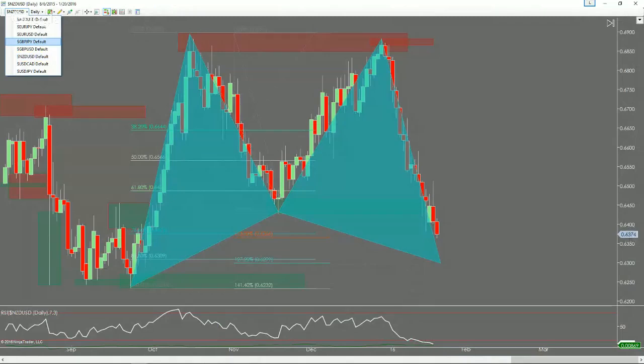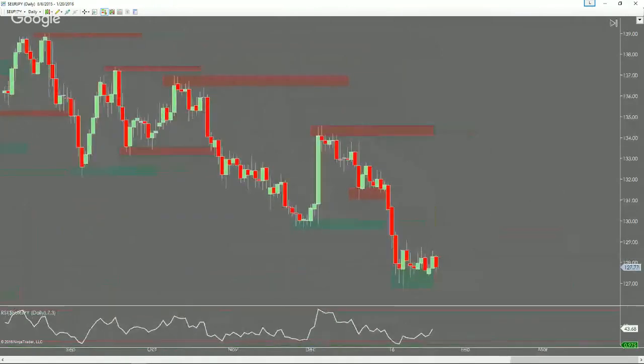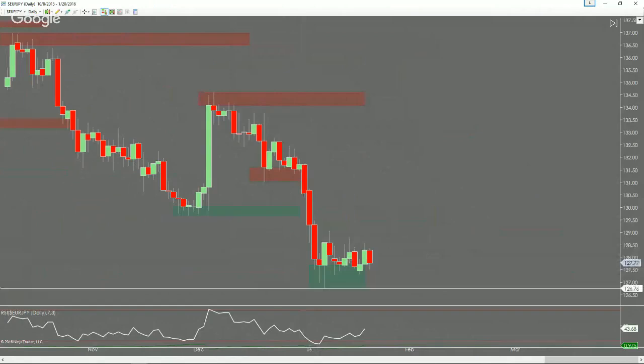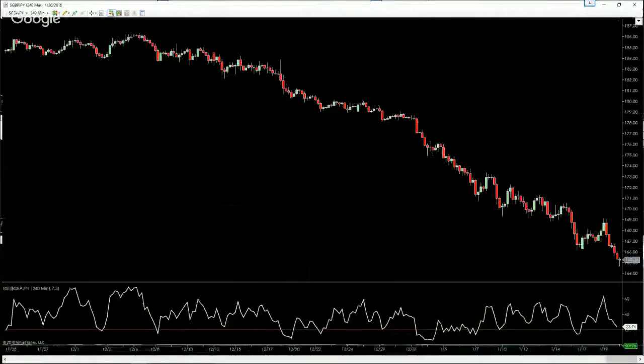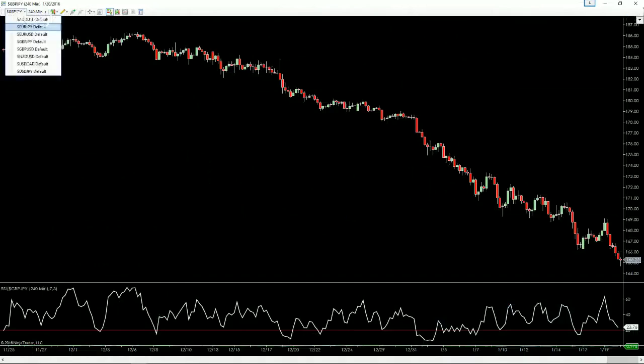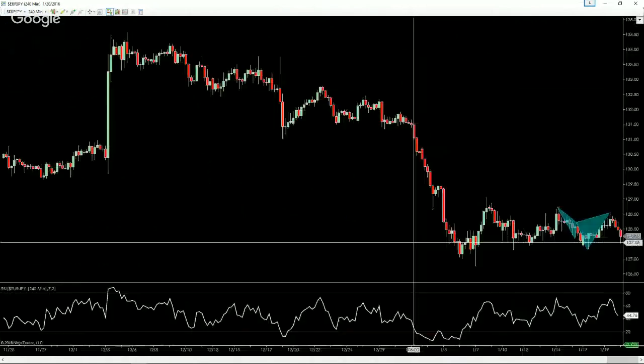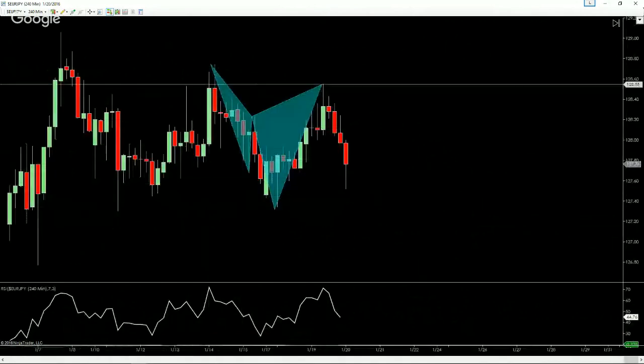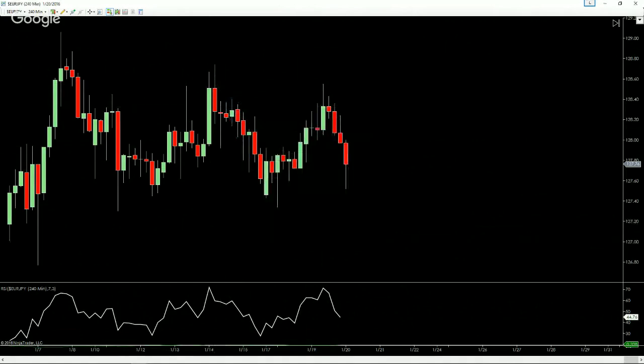Let's go to Euro Yen first. Euro Yen is still consolidating at that level of structure. We had that cipher pattern on the 60-minute that did complete, hit both targets 1 and 2.